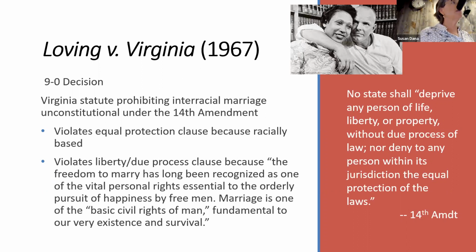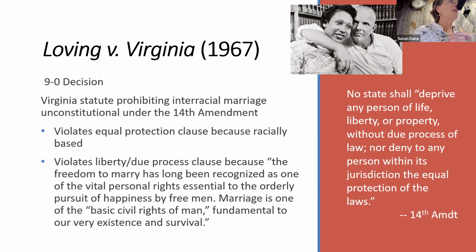The second part of Loving, however, referred to the due process clause, which you can see over on the right there. So it says, no state shall deny to any person within its jurisdiction, oh, that's equal protection. No state shall deprive any person of liberty without due process of law.